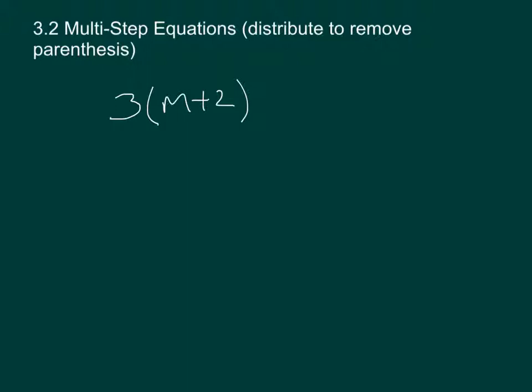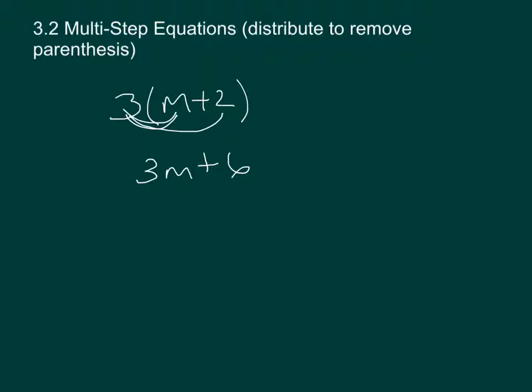And really what that means is that I have 3 of these guys. Rather than writing it out longhand or in extended format, we had a simpler method. I'm going to take 3 times each term in the parentheses. So it's 3 times m gives me 3m, and then 3 times positive 2 gives me positive 6.